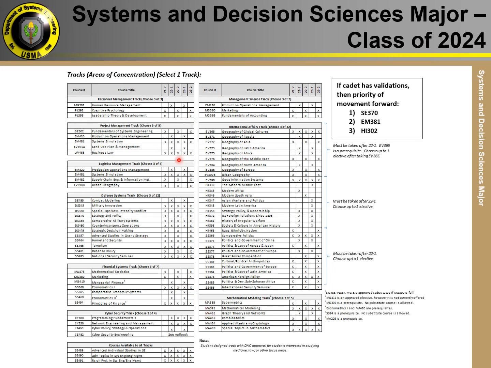Again, depending on your personal interests, you can still pursue a technical engineering based curriculum while also having a concentration in another interest that you may have. So this flexibility is one of the things that makes the SDS major so appealing to so many cadets.